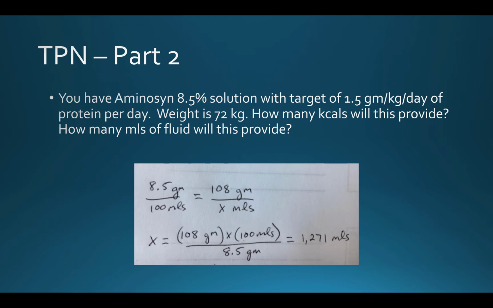There's not a lot of difference clinically usually with 1,271 mils versus 1,270 mils, and really not even 1,270 mils versus 1,300 mils. Clinically, 30 mils probably doesn't move the needle very much as far as clinical management. So they may ask you to round to one of those, depending upon what they want to do. But you've got to pay attention and make sure you get that right, because you wouldn't want to make a mistake on rounding.